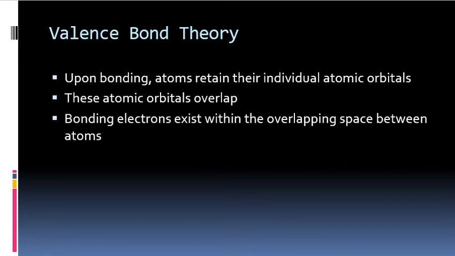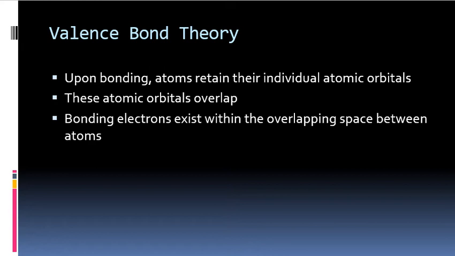Valence bond theory is essentially this. Those atomic orbitals, like 1s, 2s, 2p, will overlap, and each atom will have atomic orbitals that overlap. And when those atomic orbitals on each atom overlap, those atomic orbitals will not disappear.